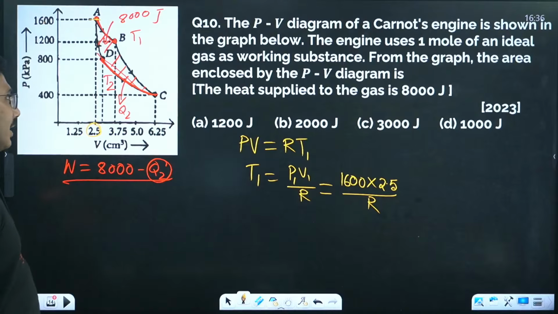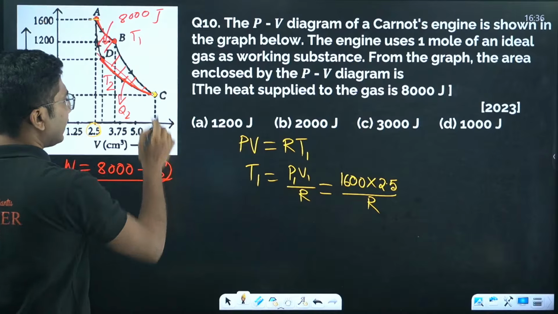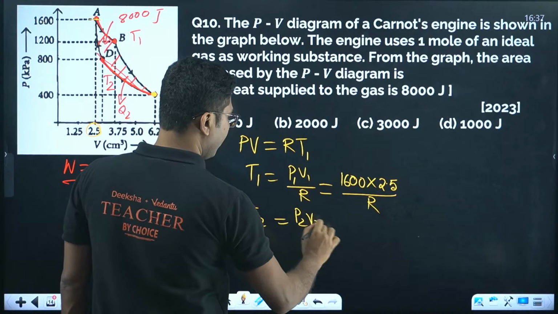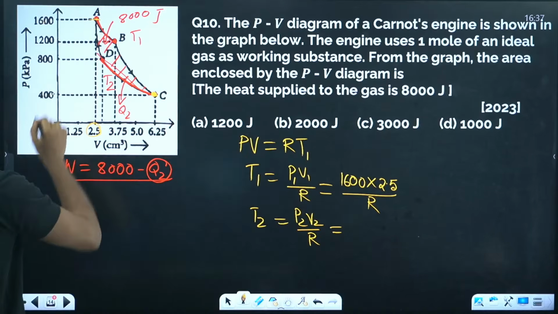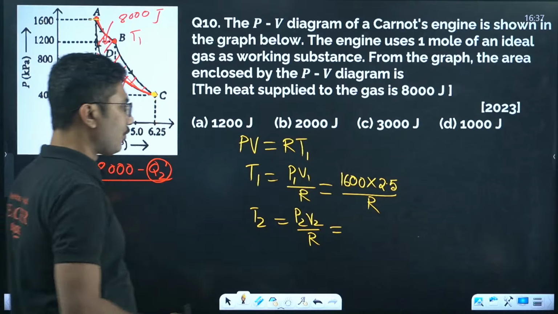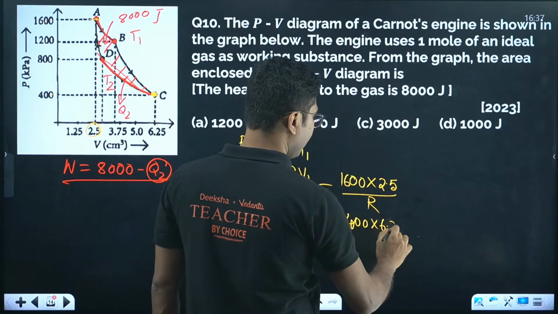So this is T1. Now we can use the point C to calculate the temperature T2. That is P2 V2 by R again. What is P2? P2 is 400, V2 is 6.25. So 400 into 6.25.